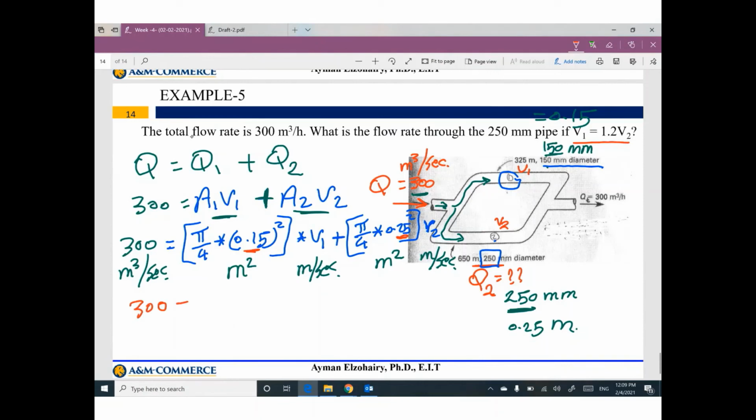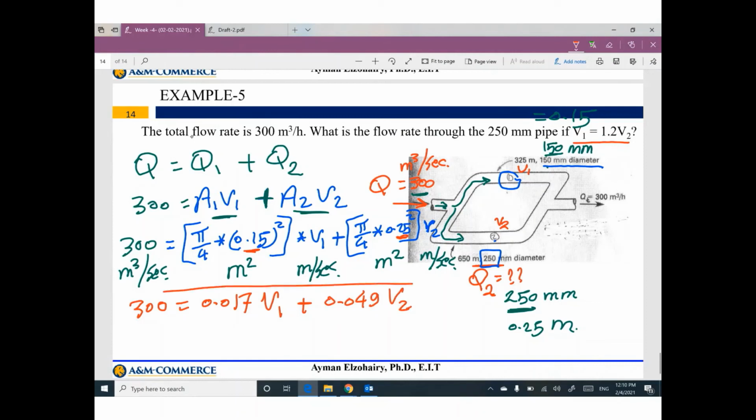300 equals pi divided by 4 times 0.15 squared. This number will be 0.017 V1. The second number, pi divided by 4 times 0.25 squared, this number will be 0.049 V2.